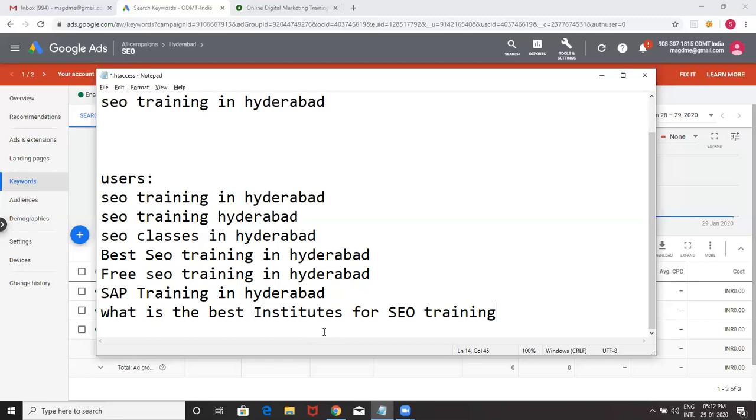Now tell me, will your ad appear for these keywords or not? For the first one, will the ad appear or not? Yes. Second one? No. Why? Because, no, the second one also it will appear. Third one, no, because the words are not similar.